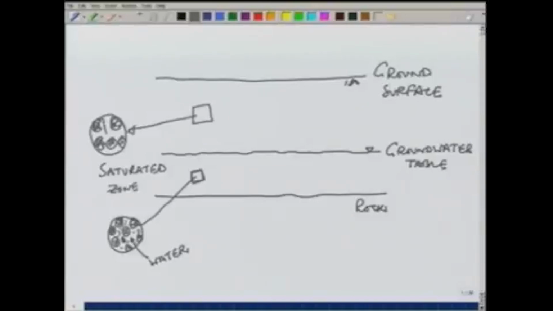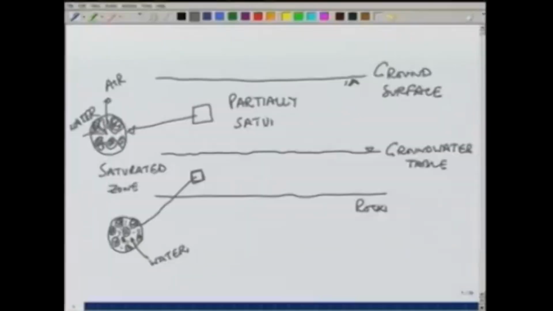So, we may have a water flow around the grains, and in the middle we may have air. So, this portion will be partially saturated, and it is also called zone of aeration. Because of the presence of air.